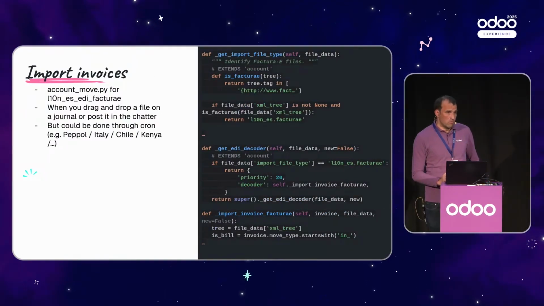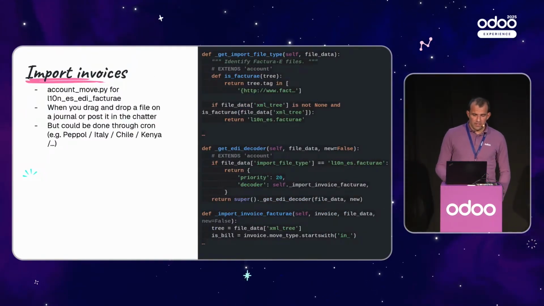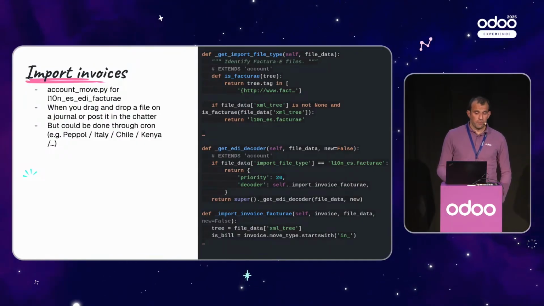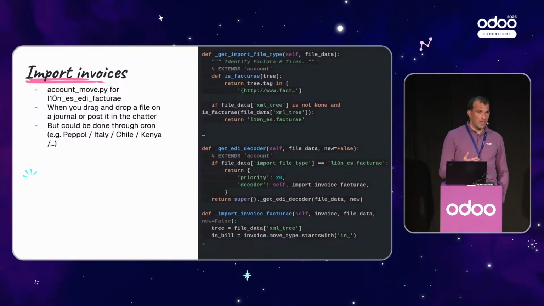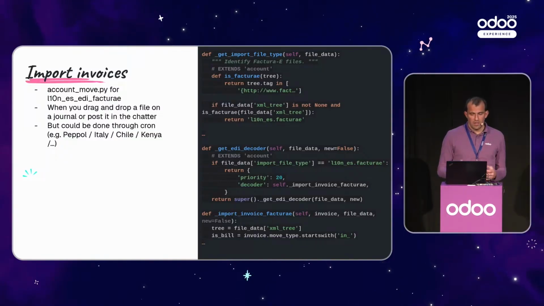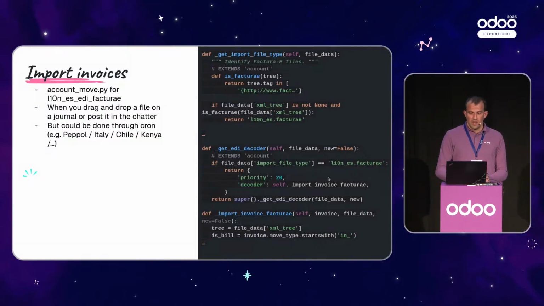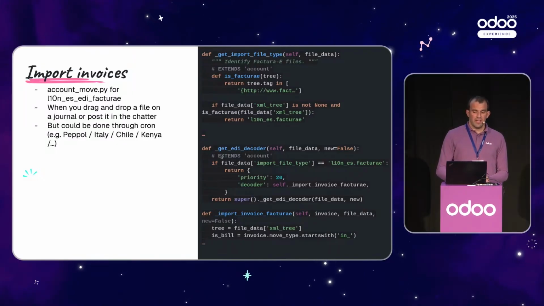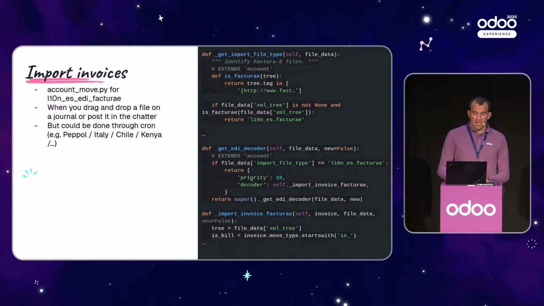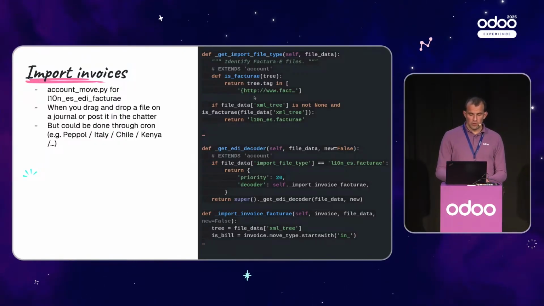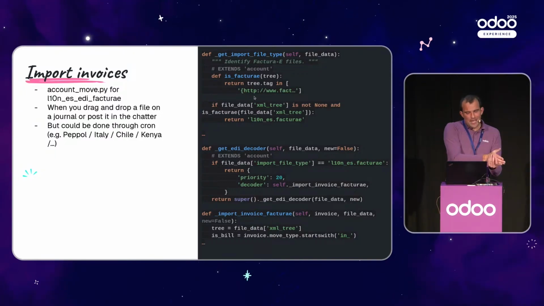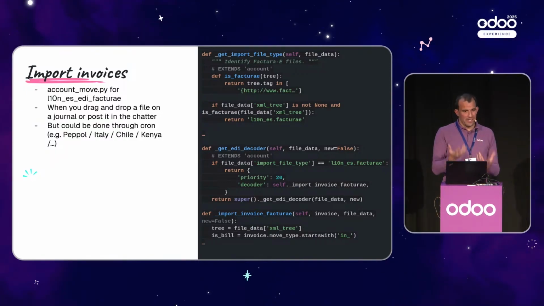Another thing you can do is import invoices. For that importing of invoices, we also have some things in place. There are two methods. One method is basically the get EDI decoder, and there is another method that checks what type of invoice it is.